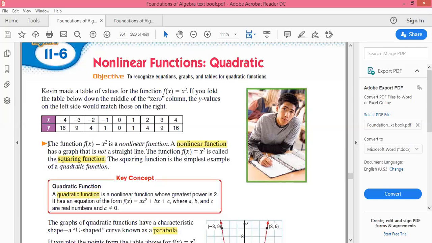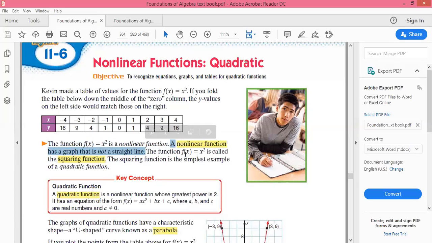The function f of x is equal to x square is a non-linear function. Non-linear function means its graph will not make a straight line. A non-linear function has a graph that is not a straight line.